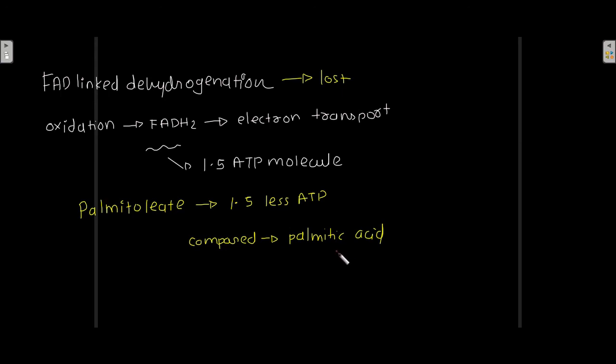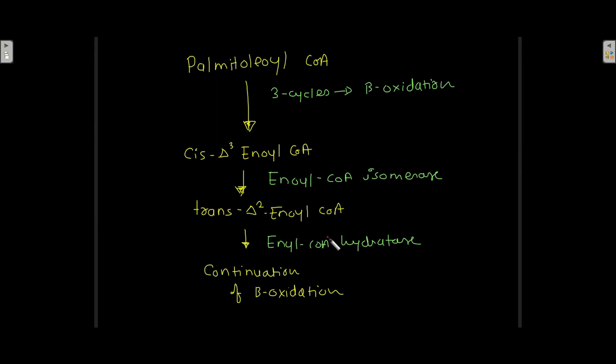So this is how the oxidation of palmitoleate looks. You start with palmitoleoyl coenzyme A, and it is subjected to 3 cycles of beta oxidation, and then it produces cis delta 3 enoyl coenzyme A, which is then converted to trans delta 2 enoyl coenzyme A, and this reaction is catalyzed by enoyl coenzyme A isomerase.